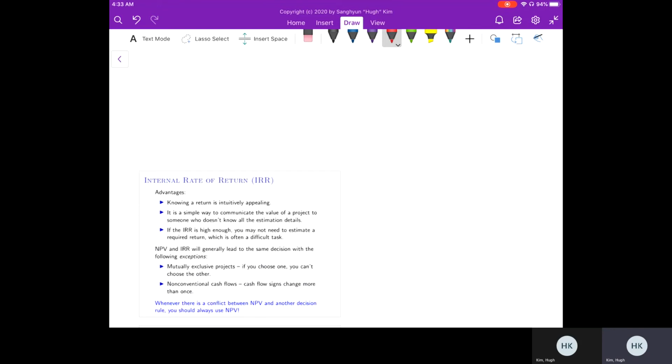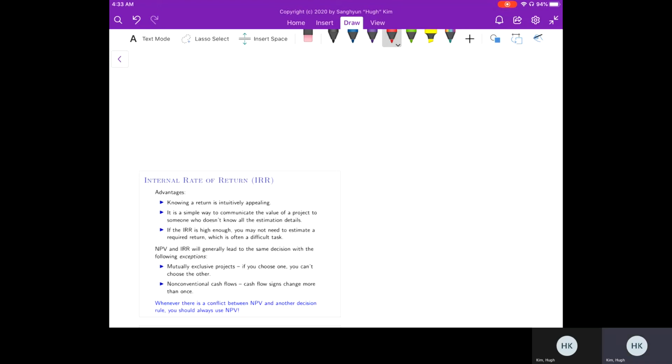The IRR is one of the most popular capital budgeting decision rules in practice. So it has several obvious advantages. First, knowing a return is very intuitively appealing, and it is very easy to communicate with someone who doesn't know all the estimation details.